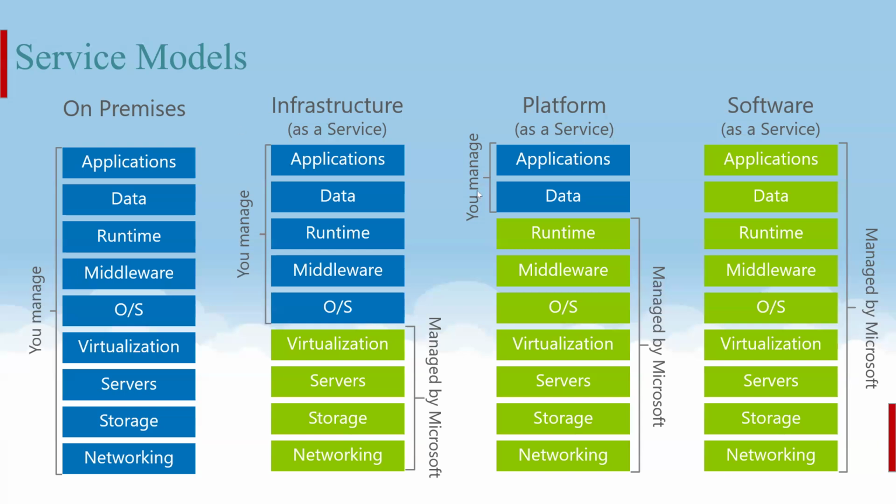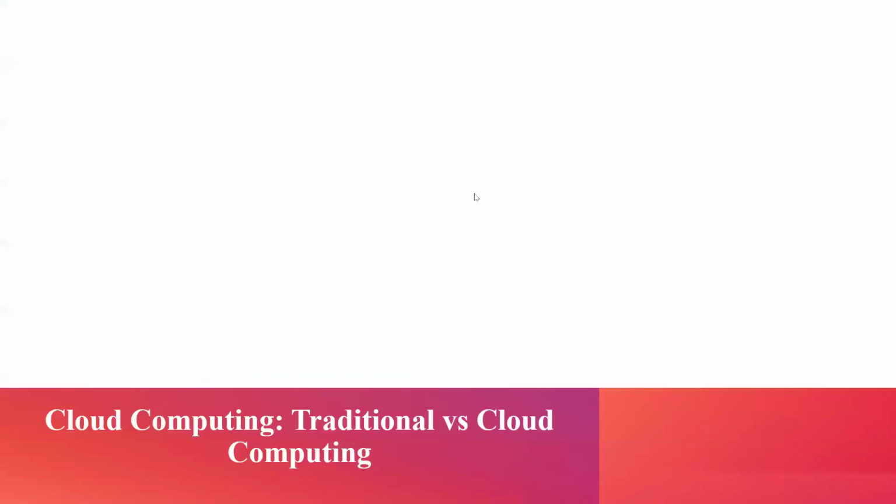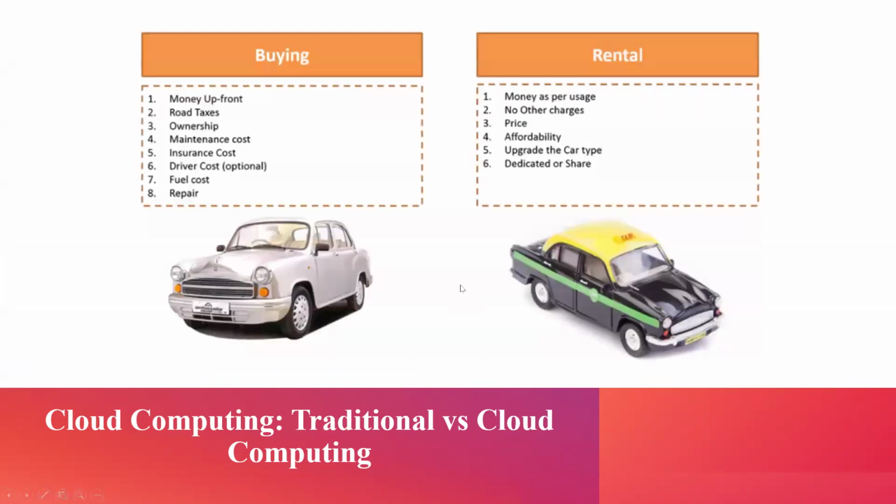Now final is today's. Okay, Subbu, so far we know about service models, deployment models, cloud computing, all this stuff. Now finally, at least the basic ideas: what is cloud, what is on-prem. Okay, a simple example: buying a car is on-prem, sir. Money upfront.